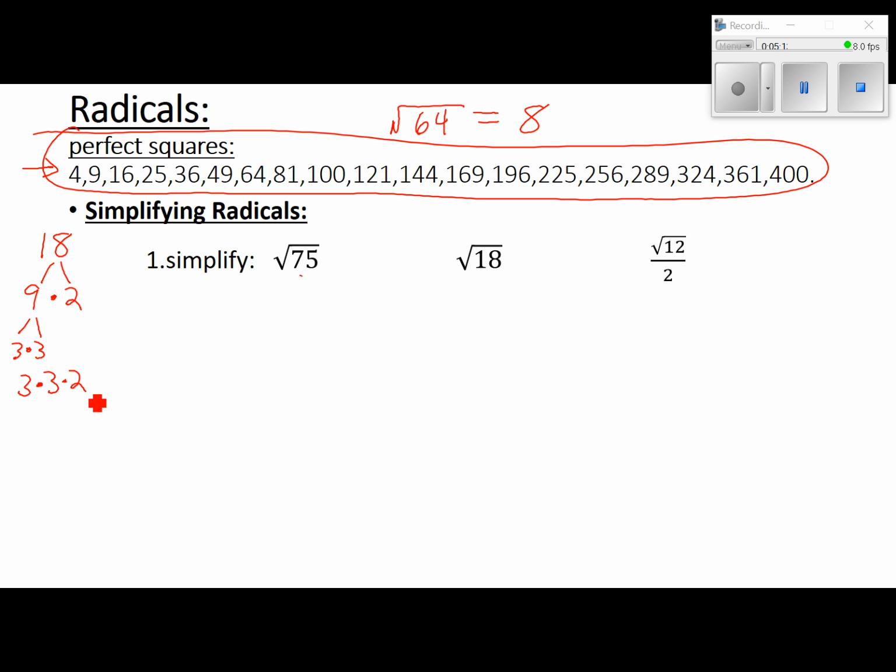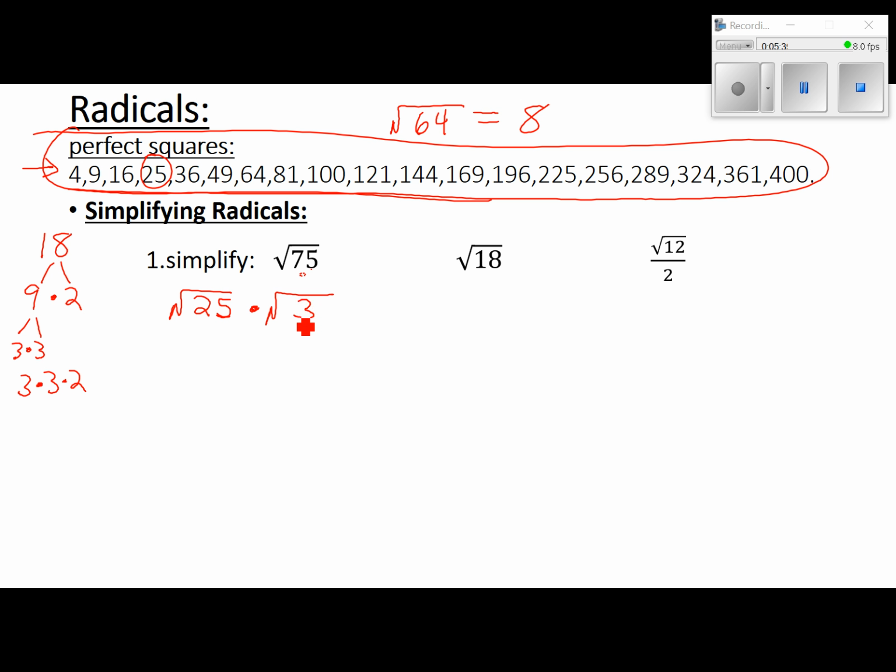That's sort of what we're doing here. We're going to find one of these perfect square numbers that'll divide evenly into that number under the square root symbol. In this case, it's 25. So I'm going to split this apart into the square root of 25 times whatever times 25 gives us 75, which is 3.